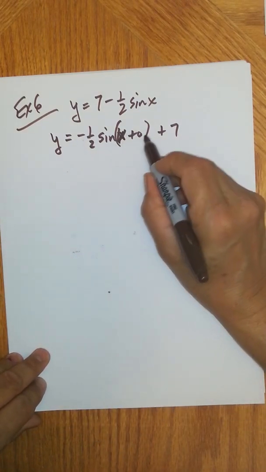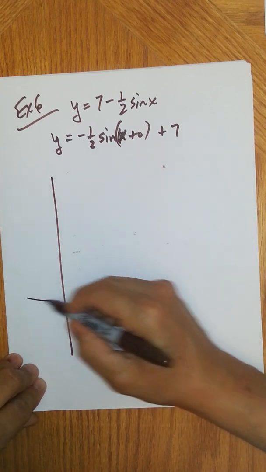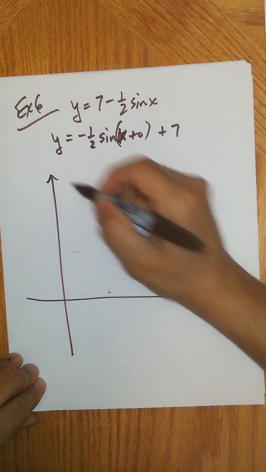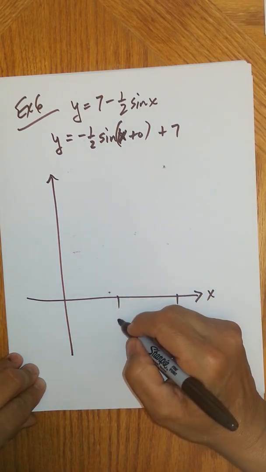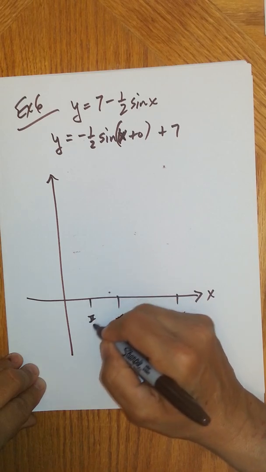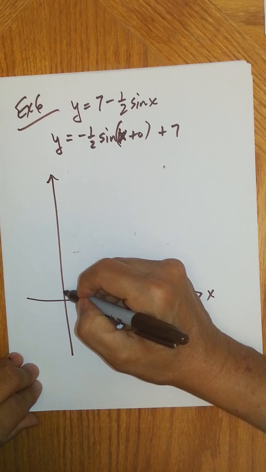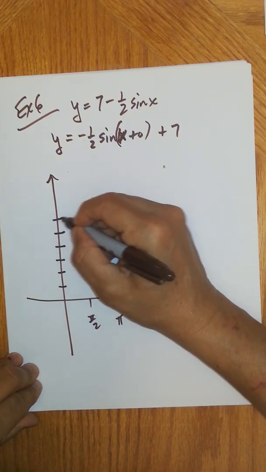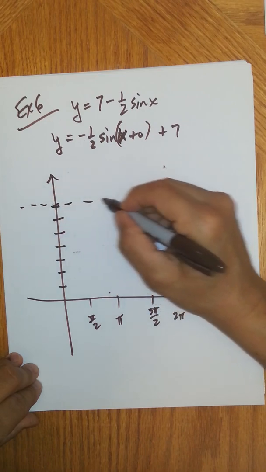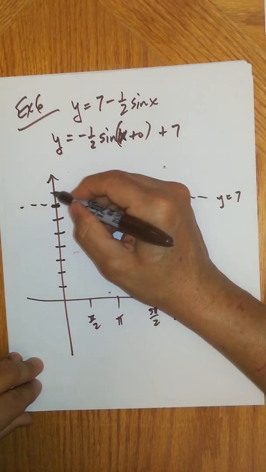But there's no horizontal change. Since there's no horizontal change, I can still do my horizontal axis divided in fourths from 0 to 2 pi. Now I'm going to go up 7. 1, 2, 3, 4, 5, 6, 7. Draw my new axis. And then this would be 8.